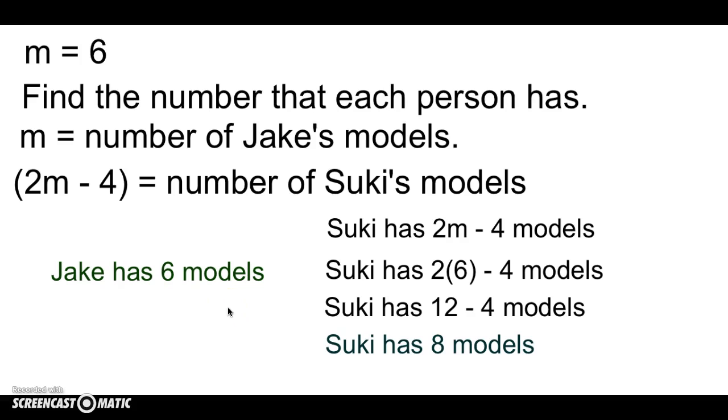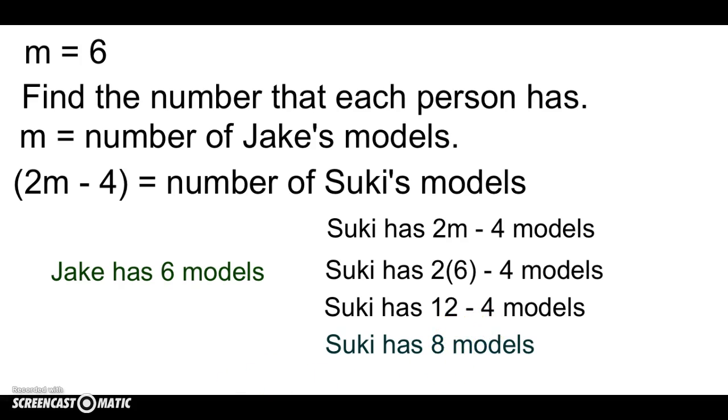But we're not done yet. m equals 6, but that's just the number of Jake's models. 2m minus 4 is the number of Suki's models. So we substitute the 6, the value of m, Jake's models, in for the variable in Suki's models, 2m minus 4: 2 times 6 minus 4, 12 minus 4.